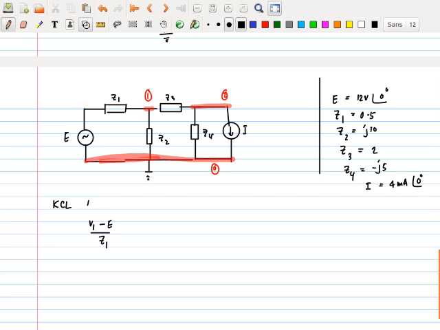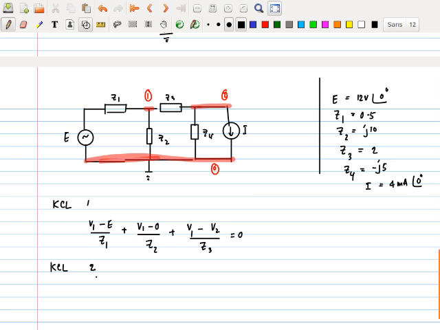the current that is going out. Plus V1 take away 0, over Z2. Plus V1 take away V2, the other node voltage, over Z3 equals 0. Then I can apply the Kirchhoff current law to node 2.